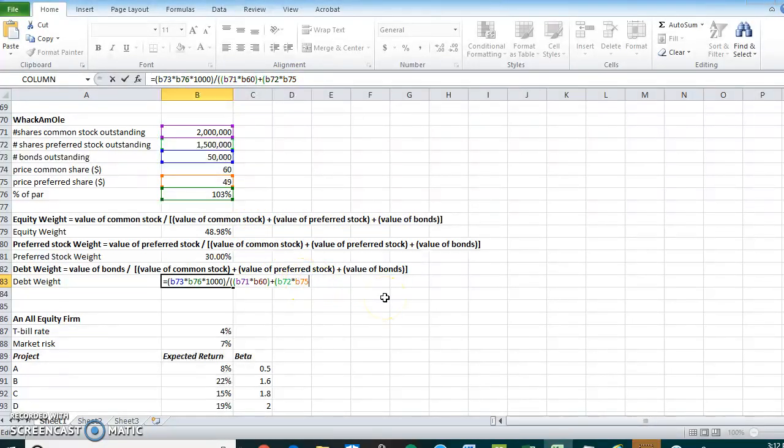Okay, so B75 to get our preferred stock plus the value of our bonds, which is B73 times... this keeps going to B60. We want B74, which does happen to be 60.